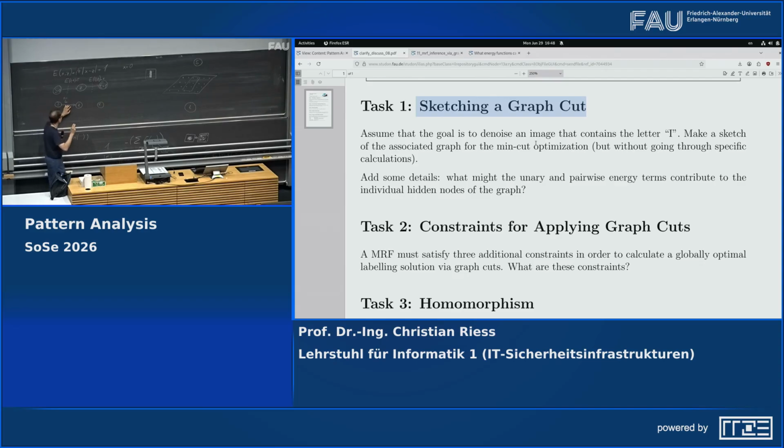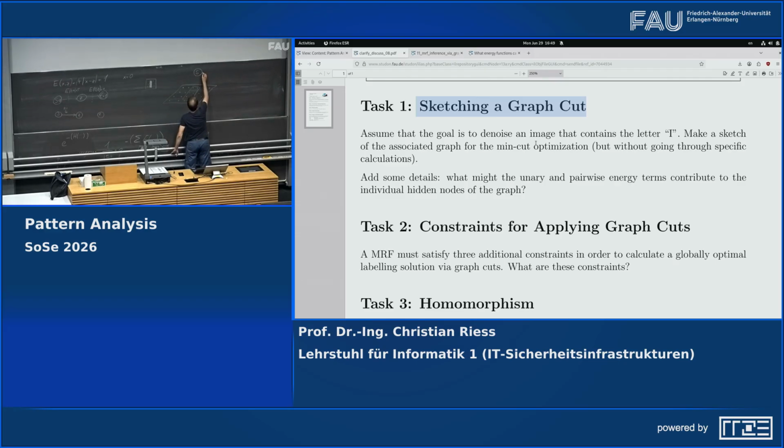So if we would cut here, we would assign black to this node, even though the observation, or if 0 is black, let's make 1 black, it makes more sense. Okay, so 0 is white. If we cut here, let's make this white and this black.